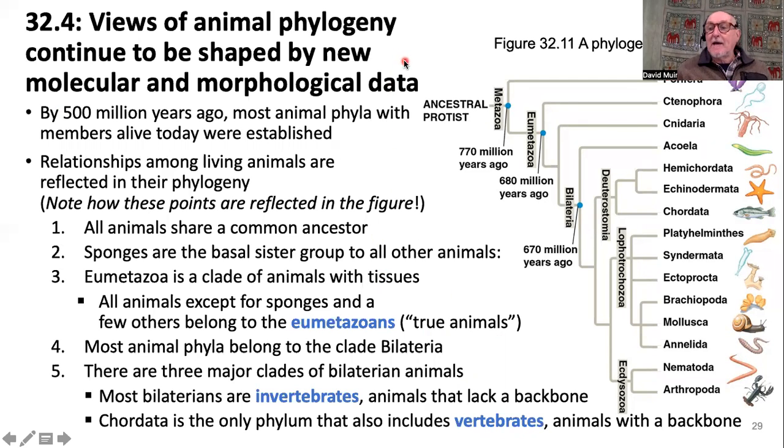Now let's have a look at the actual phylogeny of these groups. And the phylogeny, I'm afraid, is somewhat complicated, because this is a very diverse group, and we're trying to put them together with two major inputs of information. The first is morphology, body plans, especially their embryology.